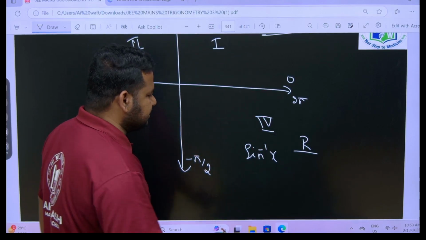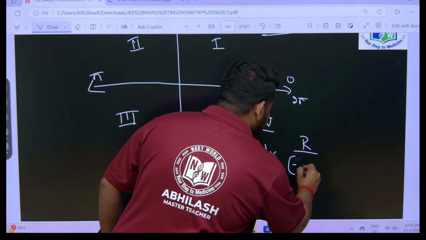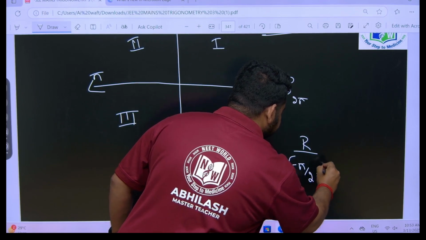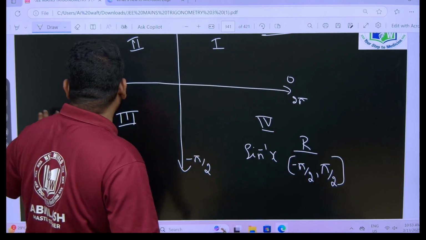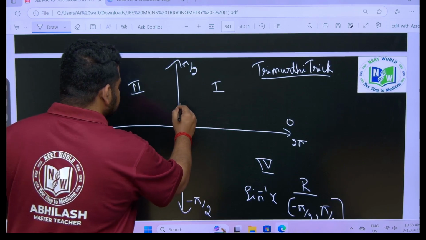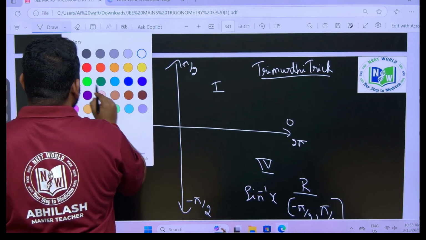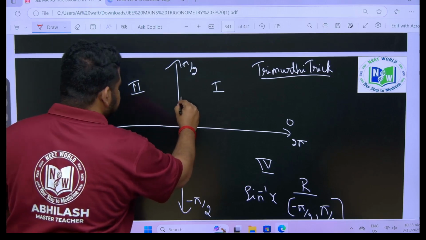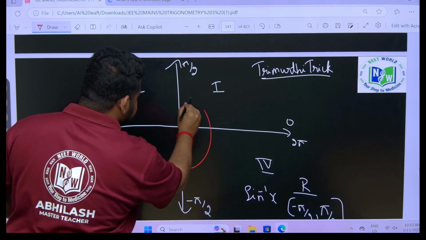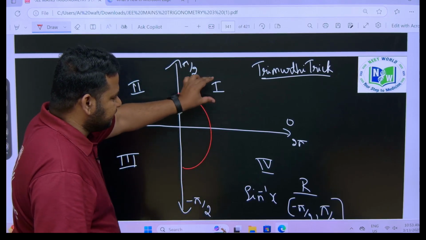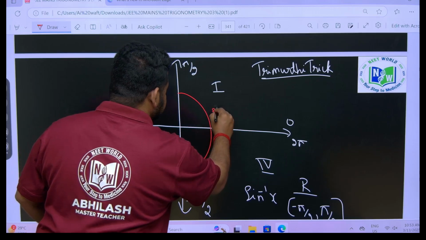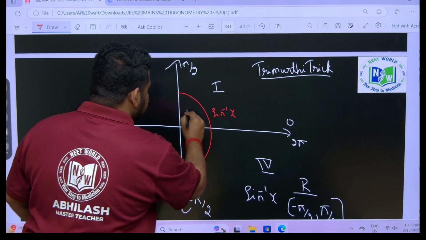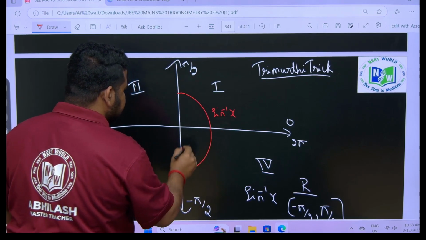Its range is minus pi by 2 to plus pi by 2, with the closed brackets meaning both are included. The principal value branch will be in the first quadrant and the fourth quadrant.